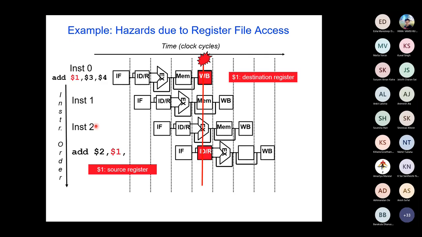It is not yet available. How would the machine know that this kind of conflict might exist? The source may not be ready, because the prior destination has not yet been updated. So that's one issue: how does the machine know this is going to happen? And if it happens, how do I resolve it?